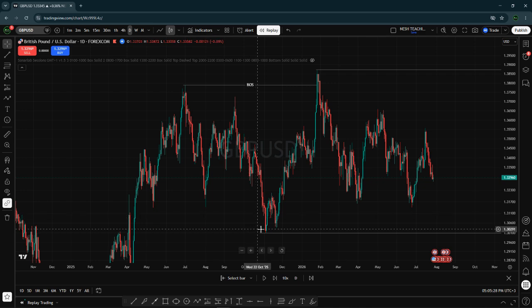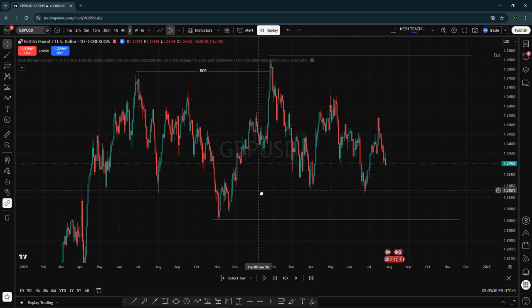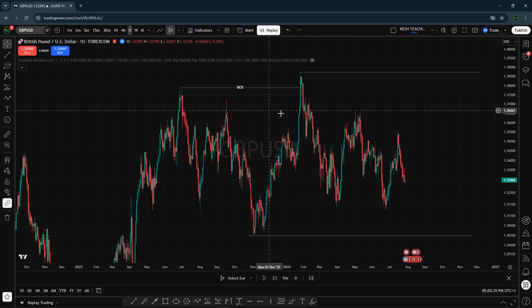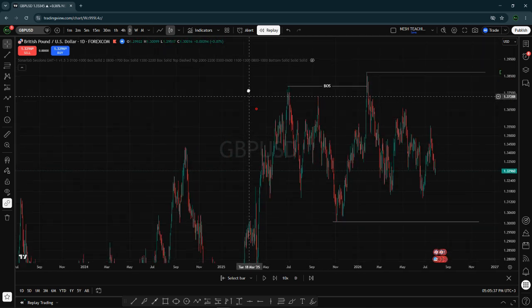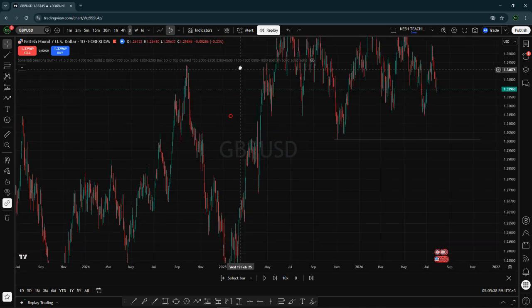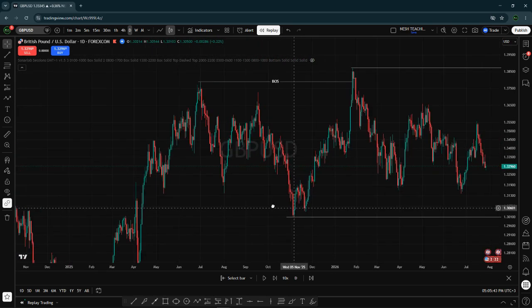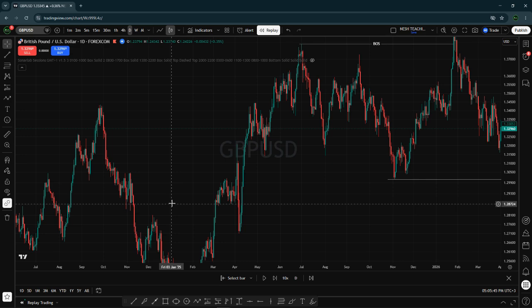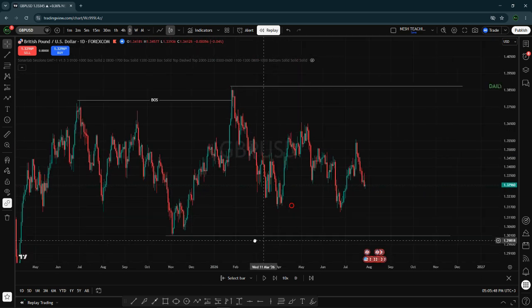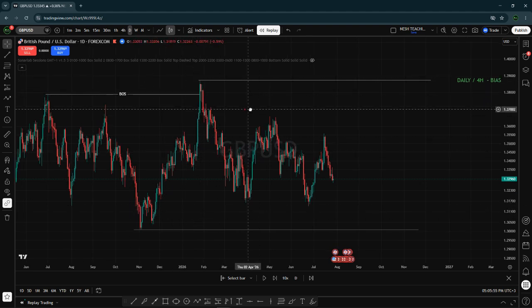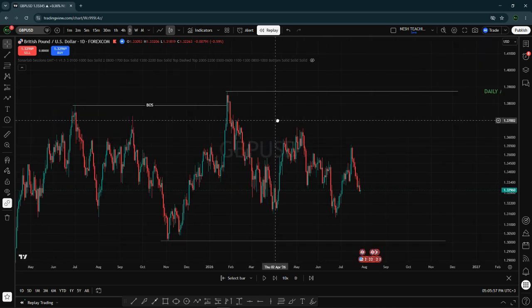Meaning if the market goes beyond these points, the market will change direction. So you can see that the market is now forming higher highs and higher lows. We don't have to go too far, so we just retain this position here. This is where the market broke structure. We have the candle breaking above this high, and we have this swing low. So this means our market is bullish.